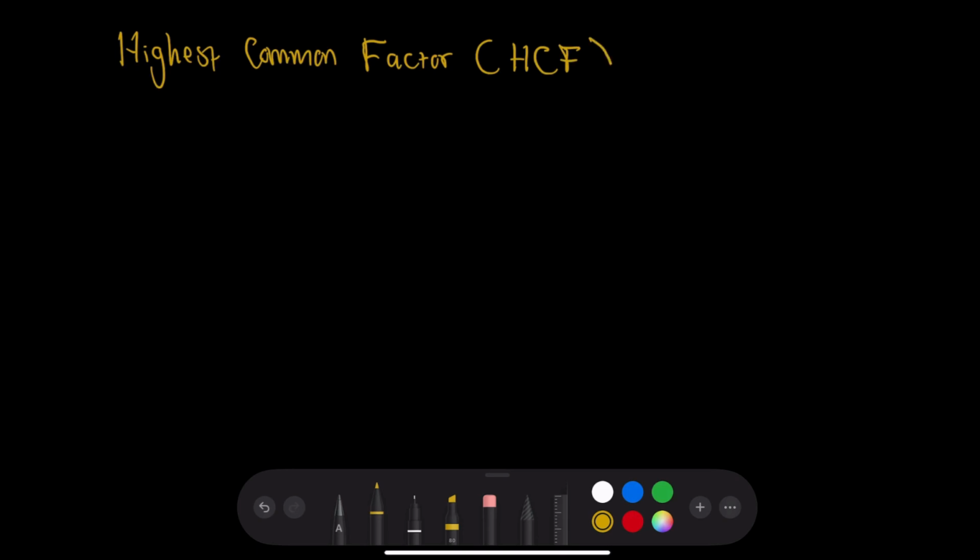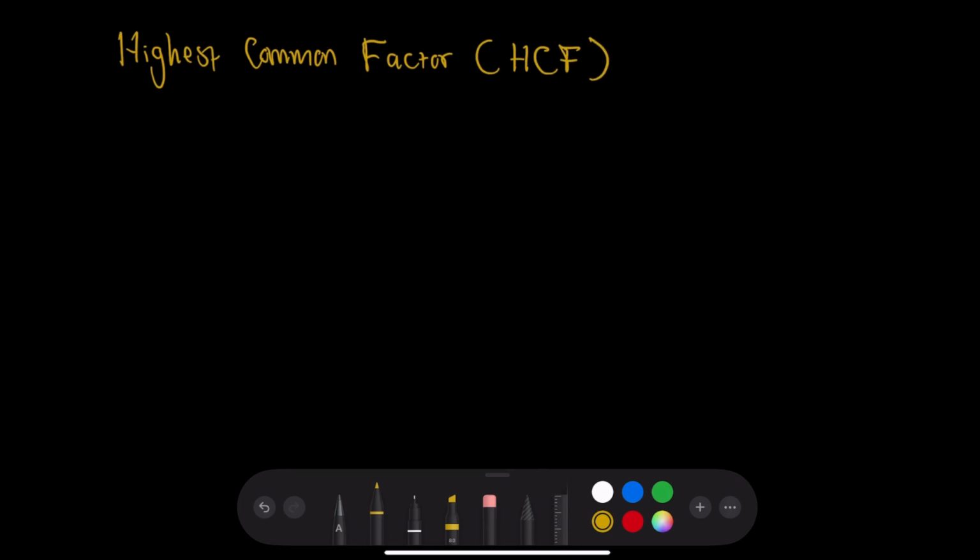Today we will be discussing highest common factor. So when understanding highest common factor, and I'll just write it out for us. Highest common factor, also commonly known as HCF.